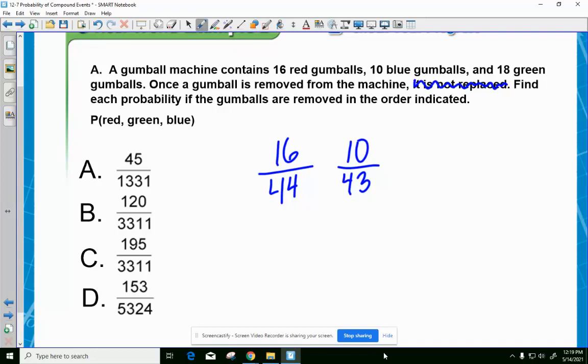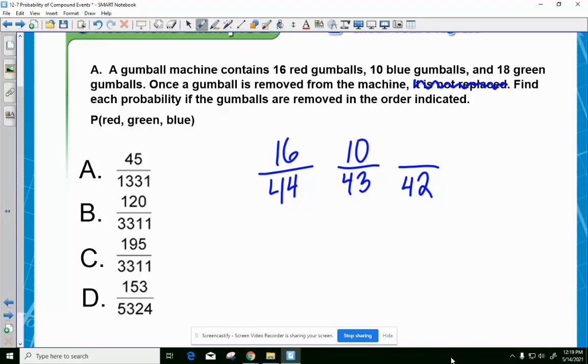One of them came out. I'm down a gumball. I no longer have 44. I now have 43 in there. So as the second one comes out, I'm now down 2 gumballs. So I know this last one's got to be something out of 42, because the gumball can't go back.